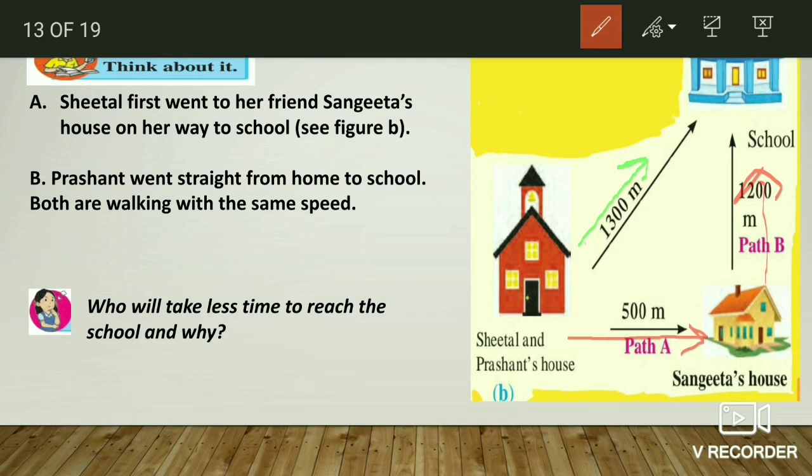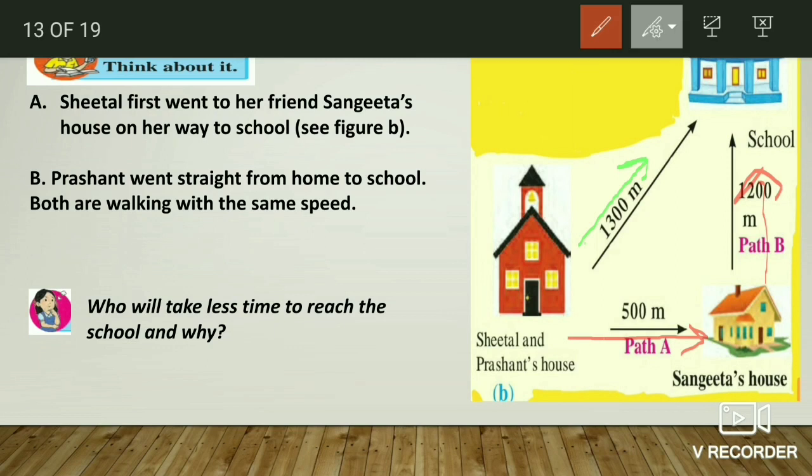And here one condition is given that both are walking with the same speed. Here we have to find who will take less time to reach the school and why. That means we have to find who will first reach the school, and we have to write down the reason also.